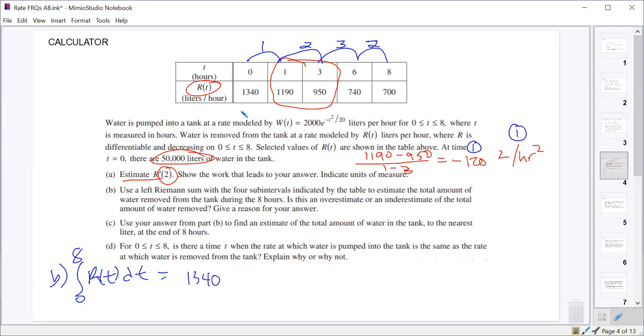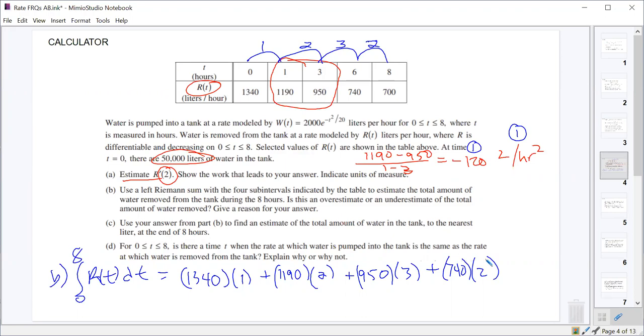First rectangle will have a height of 1340. Its width is 1. Second one has a height of 1190. Its width is 2. Third one has a height of 950. It has a width of 3. And the last one has a height of 740. And it has a width of 2.